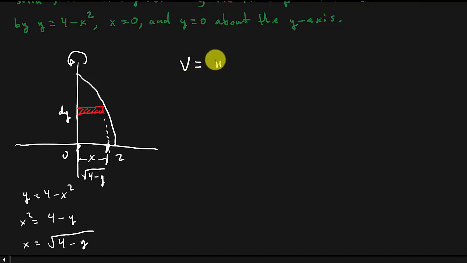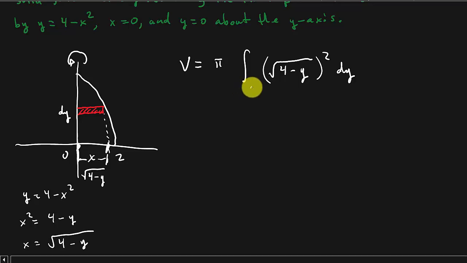And so the volume is pi, and there's our integral. And it is going to be the radius, square root of 4 minus y, squared, dy. Now let's look at this.